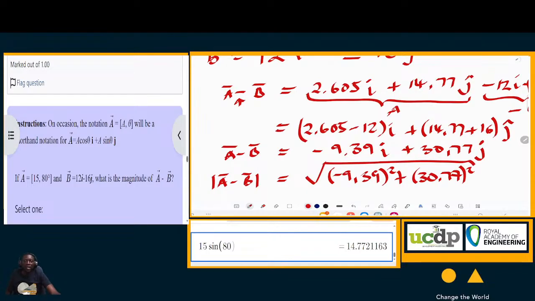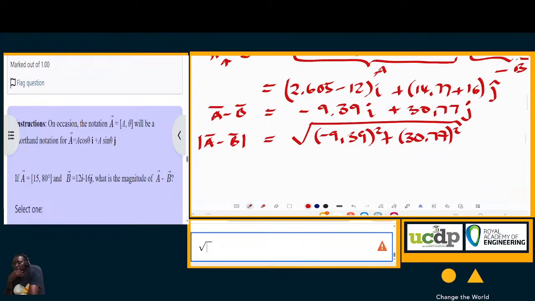Thank you very much. So what is that magnitude? Let me also go to my calculator just to cross-check the square root of 32. Oh, someone got it already.